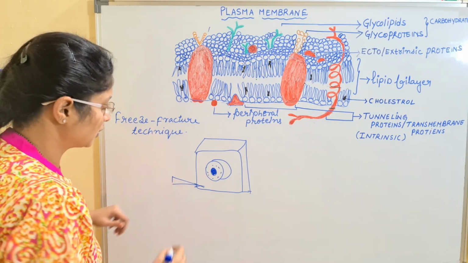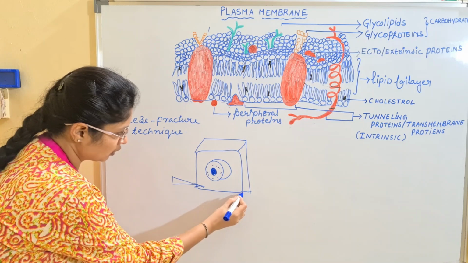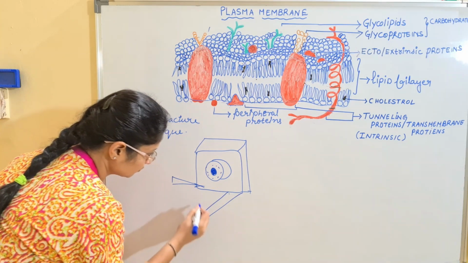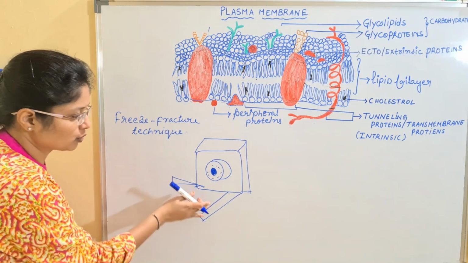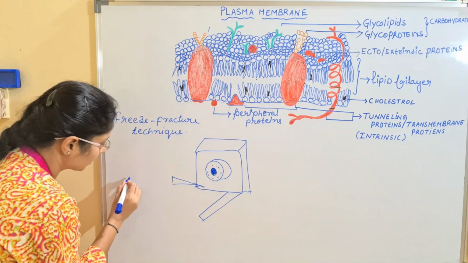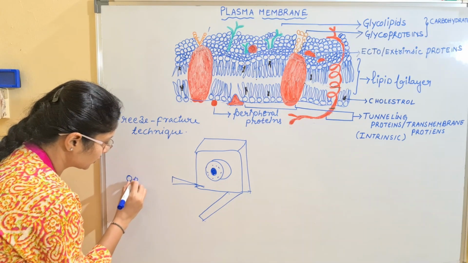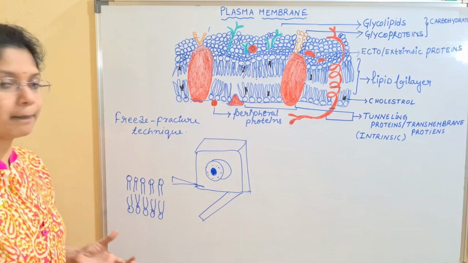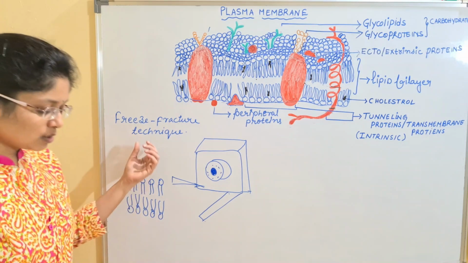Once they have fractured the lipid bilayer, it will open like this, right? So let us say this layer is open. Once you have fractured the membrane, the bilayer will be opened, and you can see the structure like this. So this is how you can see the membrane. This is one of the best techniques.